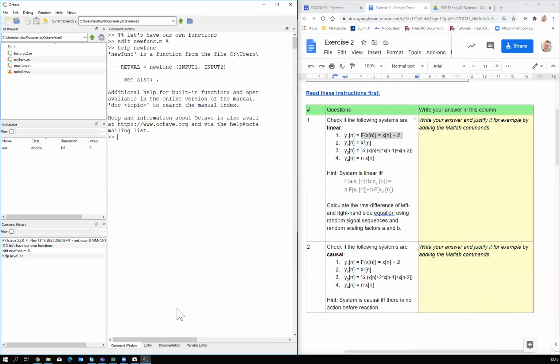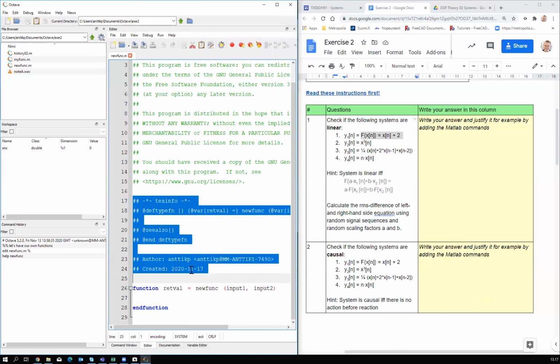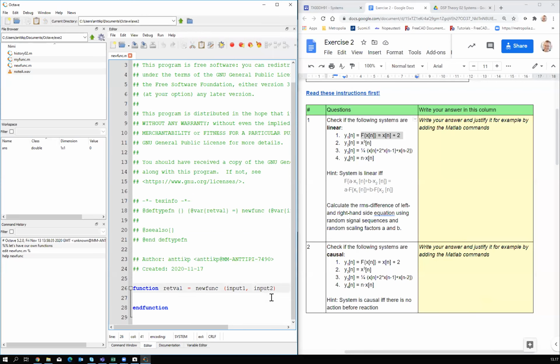It gives the online help starting from here, as long as you define how many inputs or outputs it has, it understands the form.